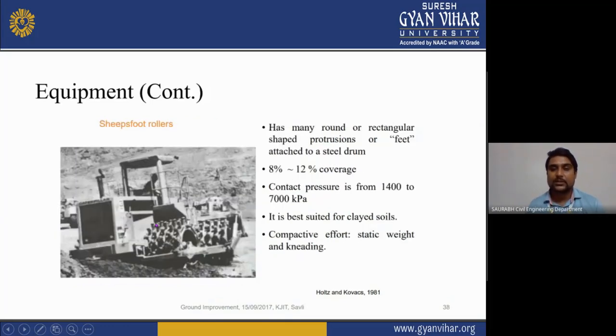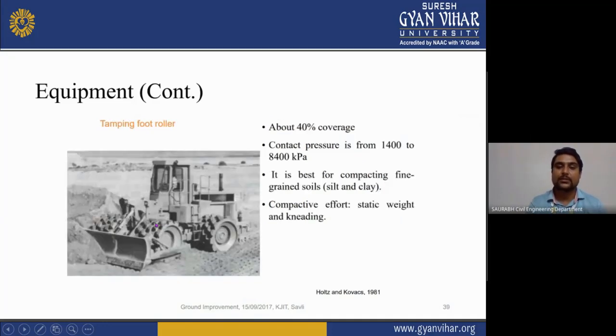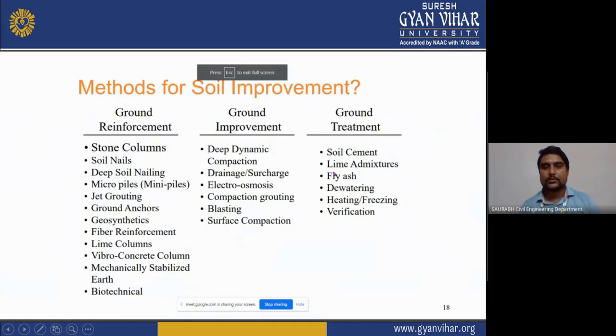So you can see that here is different equipment which is known as sheepsfoot roller. I have prepared one separate video which you can watch and you can know what is the function of the sheepsfoot roller. So these methods are involved in soil improvement. And now come on to the next point.